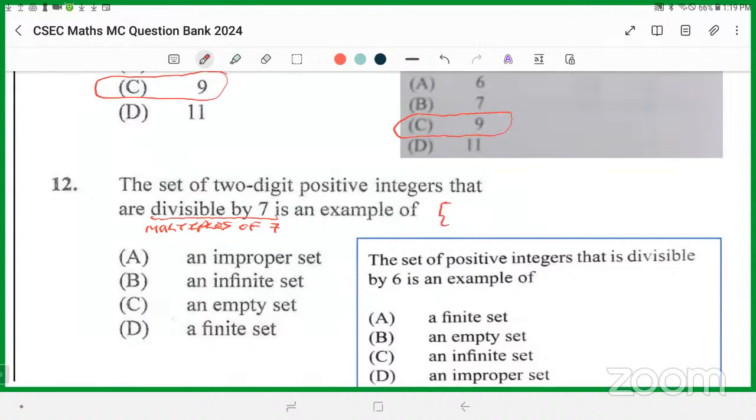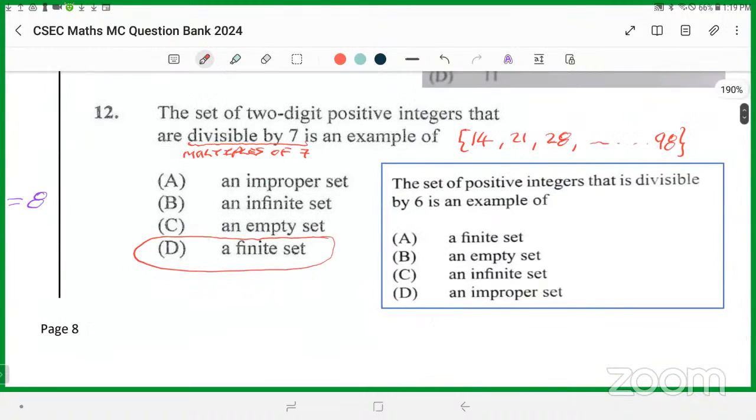The first 2-digit multiple of 7 is 14, then 21, then 28, and then which is the next one? And go all the way up to the one that comes just before 100, which is 98. 98 is the last one. That's a finite set, 2-digit values that are multiples of 7. So the answer for this is a finite set.